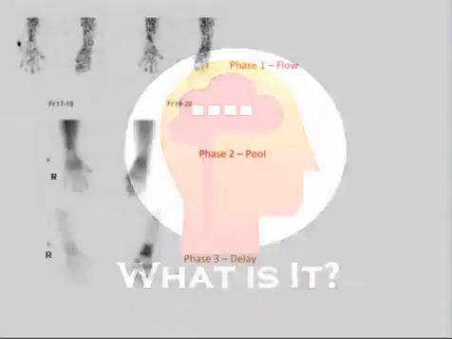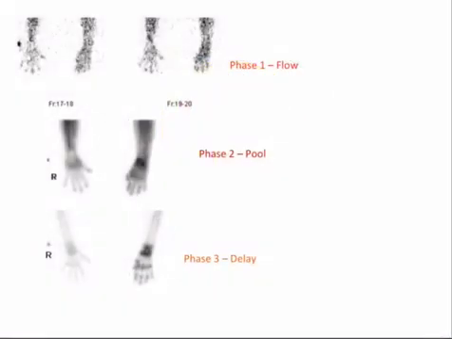Here's just one more thing that's got sort of a classic look on a 3-phase bone scan, especially for an extremity, and that's reflex sympathetic dystrophy, RSD, or some people call it complex regional pain syndrome. You see it after strokes or trauma, and the classic descriptor is periarticular uptake on delayed scan.